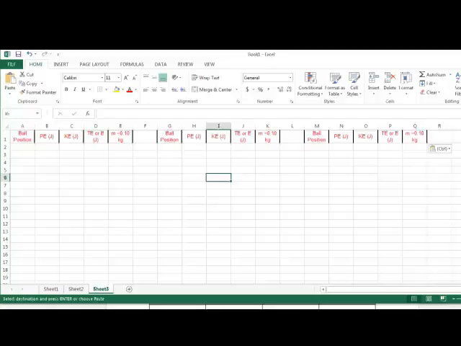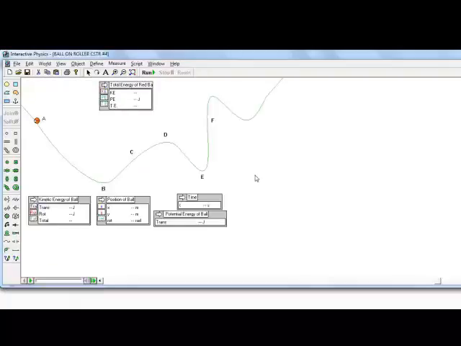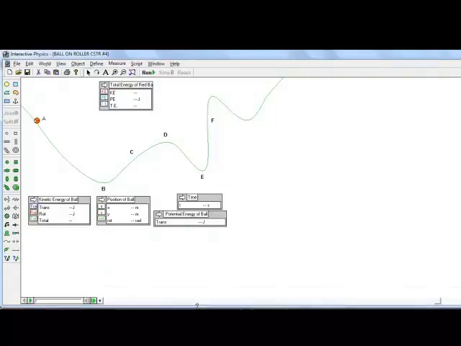So the next thing I want to do is go over to the actual folders itself and open the interactive. So here's our list of files, and we get for the coaster example, ball on coaster number 4. So we click this and it will open up in our interactive physics. Just apologize for that.